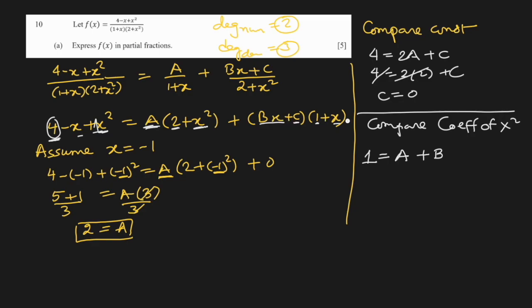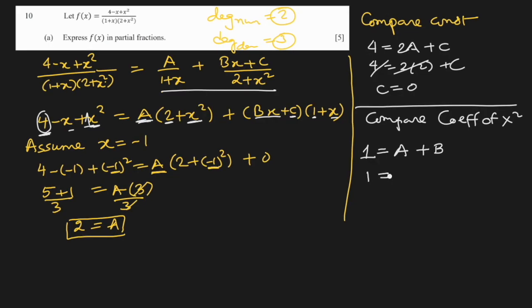Others will not give you x squared. So 1 equals a, which is already known to us, 2, plus b. So 1 minus 2 is equal to b, negative 1 equals b. So we got b as well.